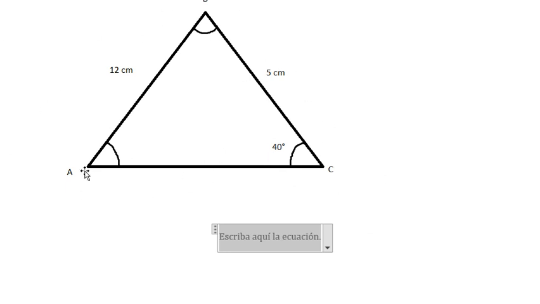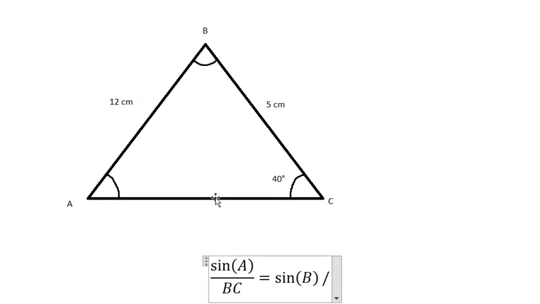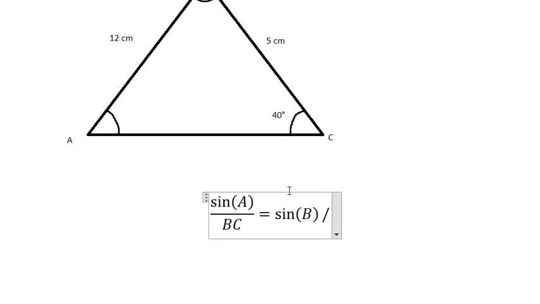For example, in this case, sine of A divided by side BC should be the same as sine of B divided by its opposite side, which will be side AC.